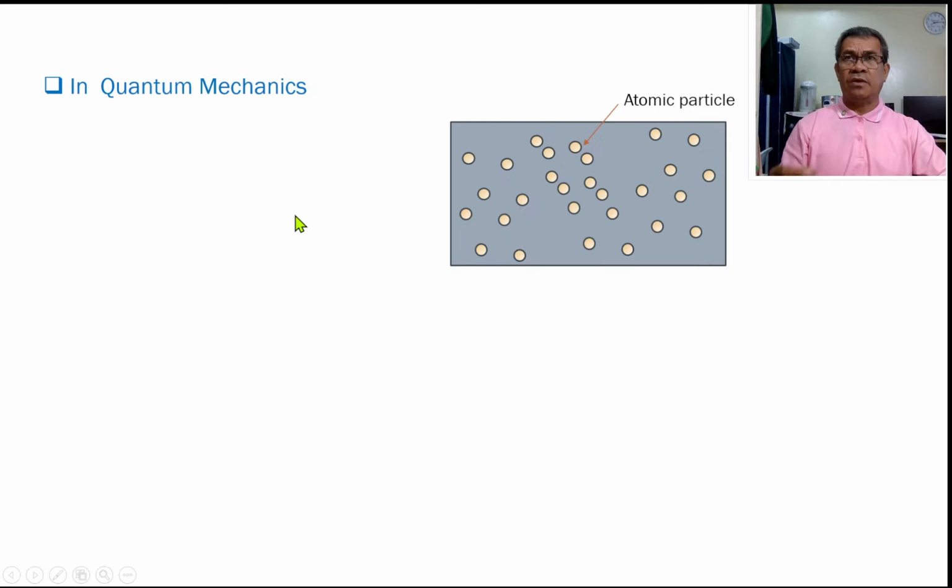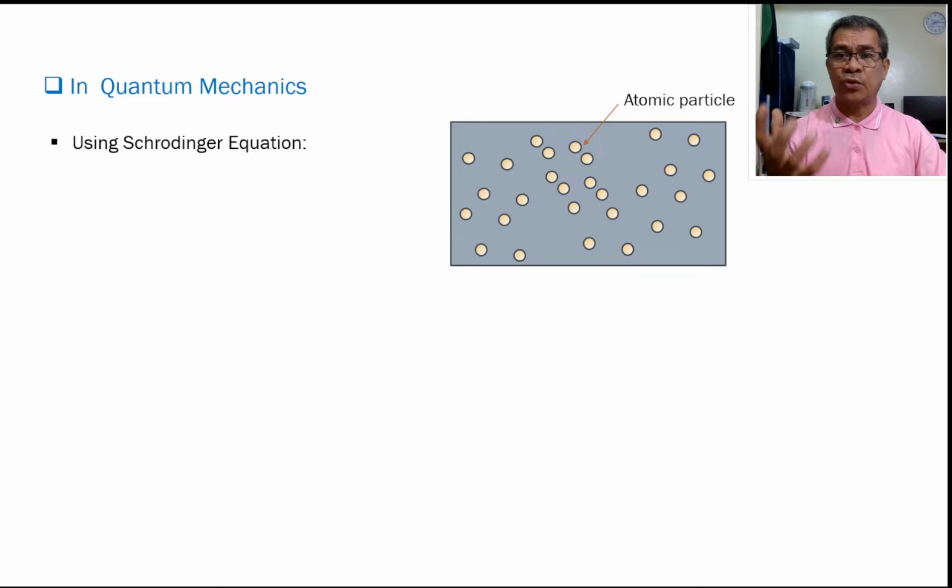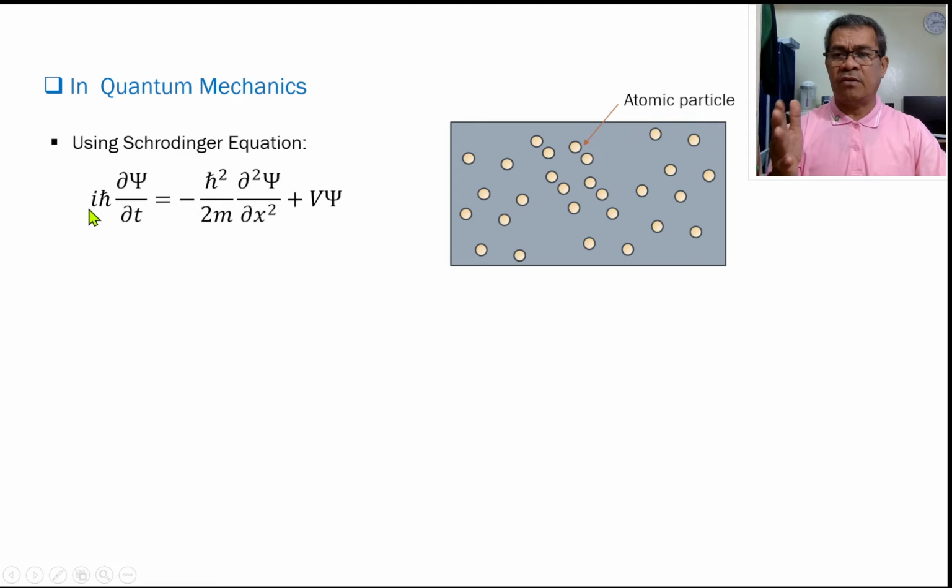Okay? So, in quantum mechanics, what will be the counterpart? If we cannot use Newton's law, how can we describe the particle? The answer is we use the Schrodinger equation, which is i h bar partial psi over partial t equal to negative h bar squared over 2m times the second order derivative of the wave function with respect to x, added by the potential energy times psi.